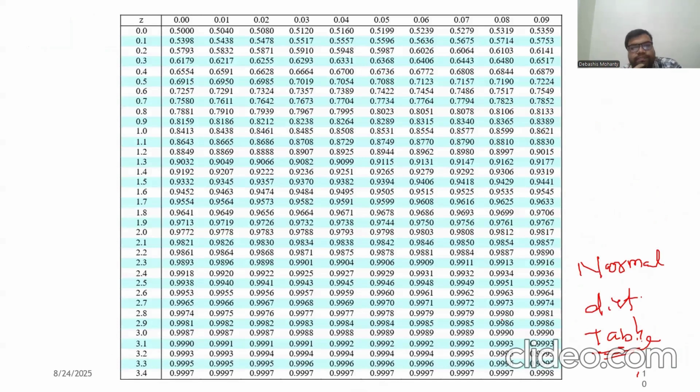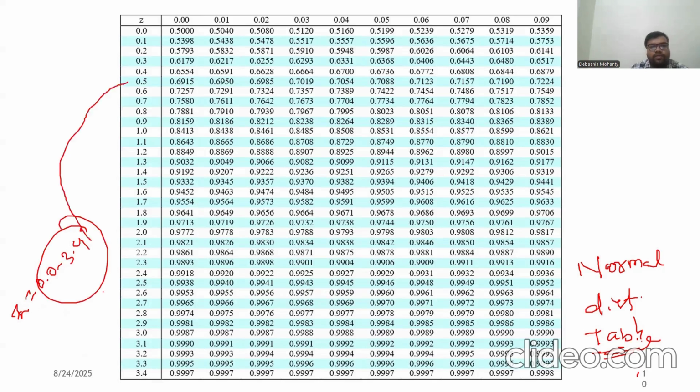This table is for positive z values. Here the positive z value starts from 0.0 to 3.4. Suppose the value given is 0.52, and we need to calculate the probability of z less than 0.52.